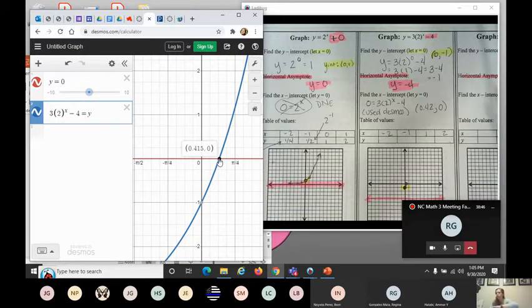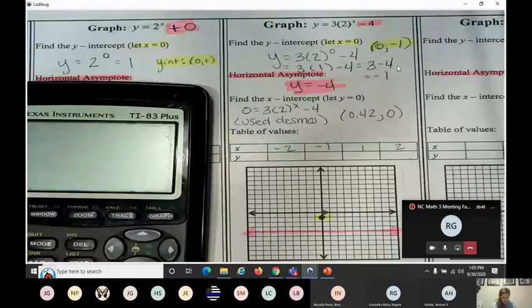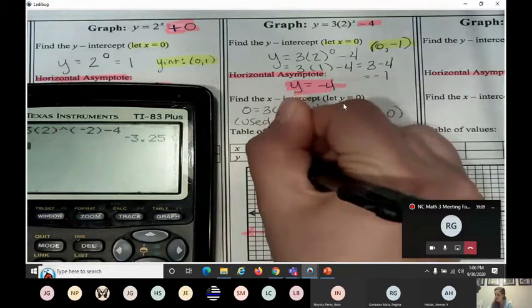So I guess I'll show you how to do it. Let me make this bigger. You can also do it in Desmos. Okay, so let me get rid of that. And I'm just taking 3, multiplying by 2, raising it to the -2 power. I should put parentheses around there just in case. And then subtracting 4, and I should get -3.25.